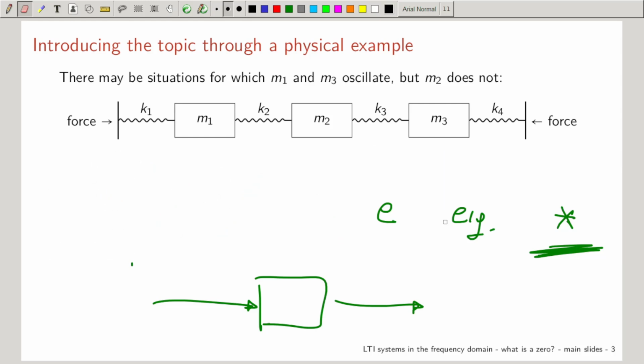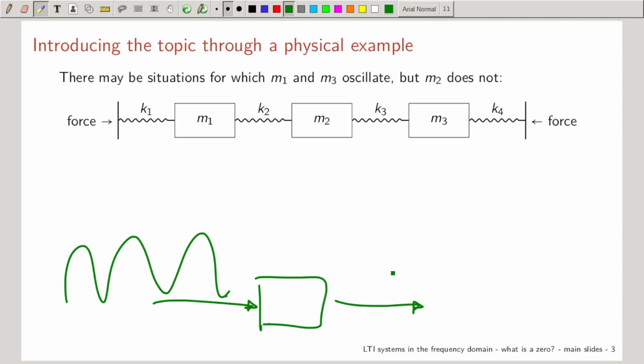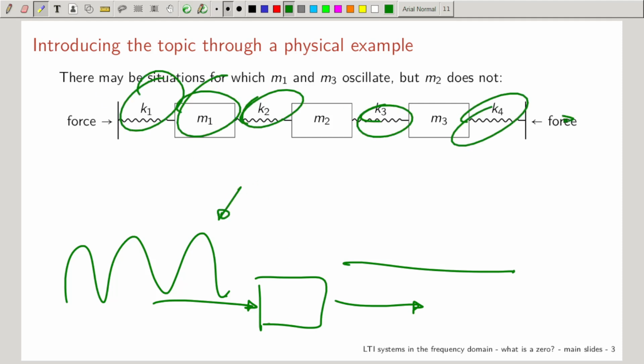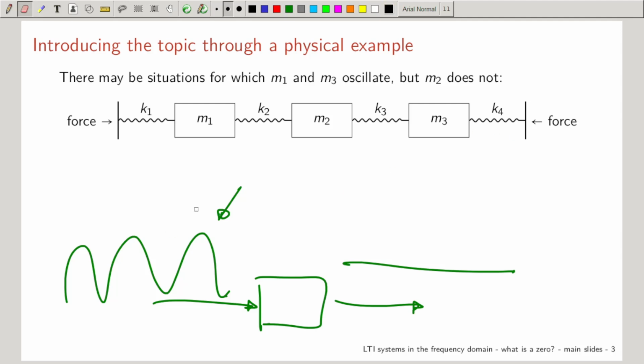Okay, let's go back to our zeros. We have a specific oscillation that gets killed, and it's a specific oscillation that depends on the various parameters. True? Moreover, this one is an LTI system, and for this one we have sinusoidal fidelity.